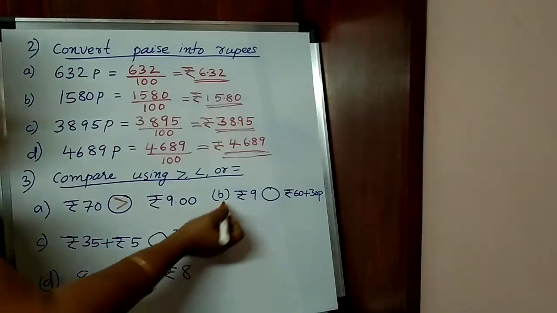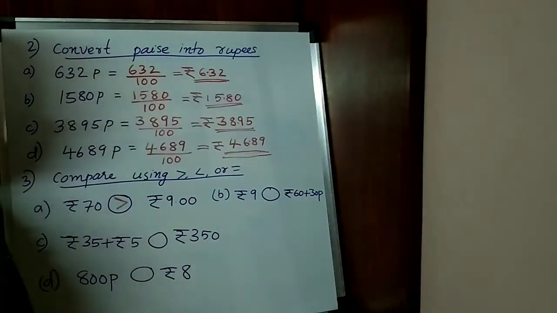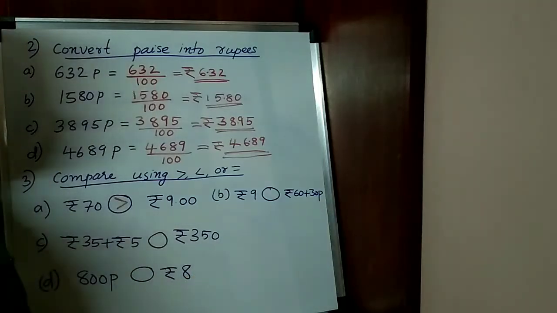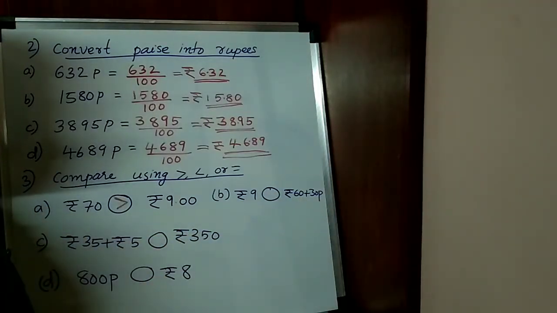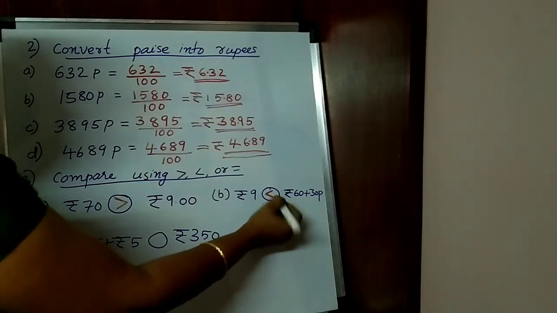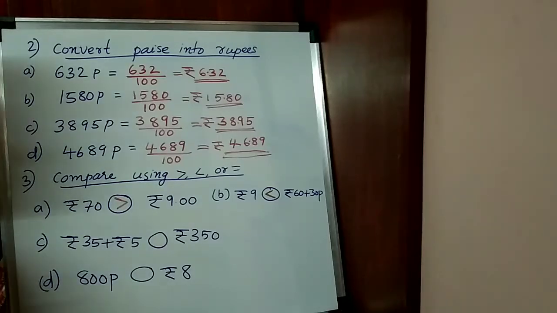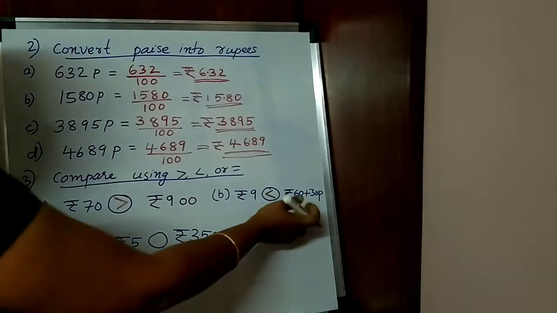This dot is there, so that 0 is paise. Then question number B, rupees 9 and rupees 60 plus 30 paise. Here rupees 60 and 30 paise is there. So which one is greater, 9 rupees or 60 rupees? 60 rupees is greater. So 9 rupees is less than 60 rupees 30 paise. Okay. So this one is bigger.